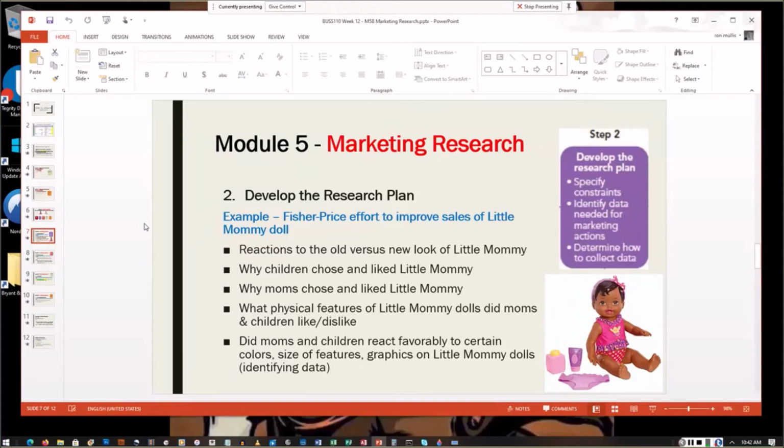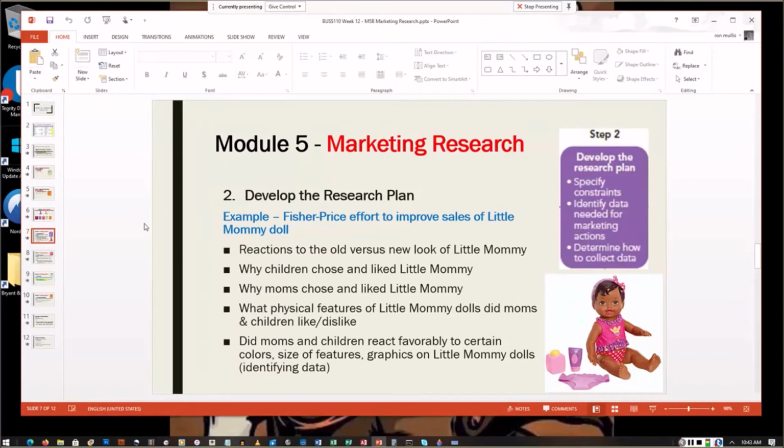Next thing you do, you need to determine any type of constraints. So for this research, time was going to be the constraint that the marketing team needed to know if a new look to their doll, to the Fisher Price doll, would be favorable. And they gave themselves up until early spring of that year or the following year.